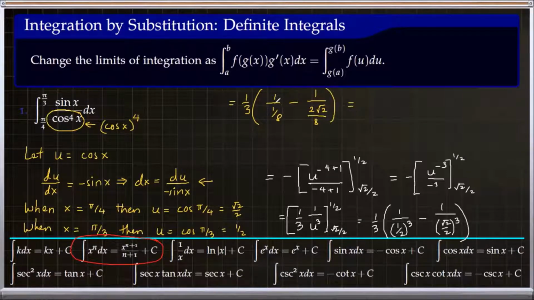Now I can flip both of these denominators, and the first one becomes 1 times 8 over 1, which is simply 8, minus the second one becomes 8 over 2 root 2. And if you like, you can combine them, or maybe you can factor out 8 and write this as 8 over 3 times 1 minus 1 over 2 root 2. So this is the value of this integral.